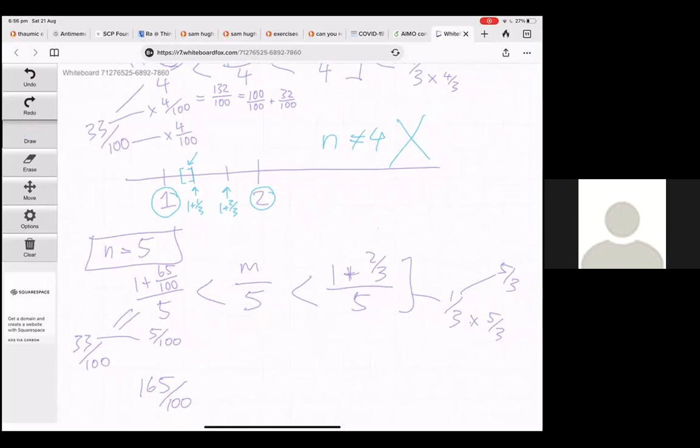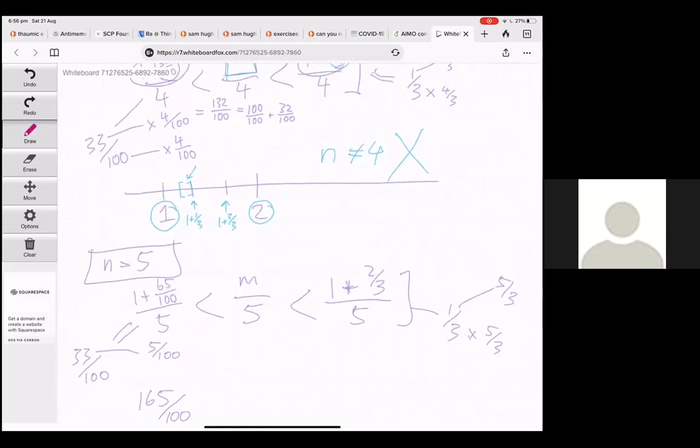Okay, so let's draw what's going on in different colors. So this gap was for n equals 4. And then the gap that's going to be around here is going to be for n equals 5. And the gap looks like this. We've got 1 plus 2/3 on the right, and on the left, we have 1 plus 65 on 100.